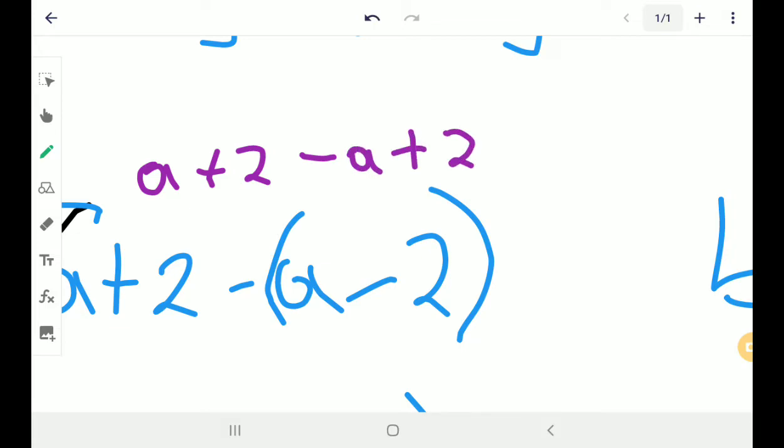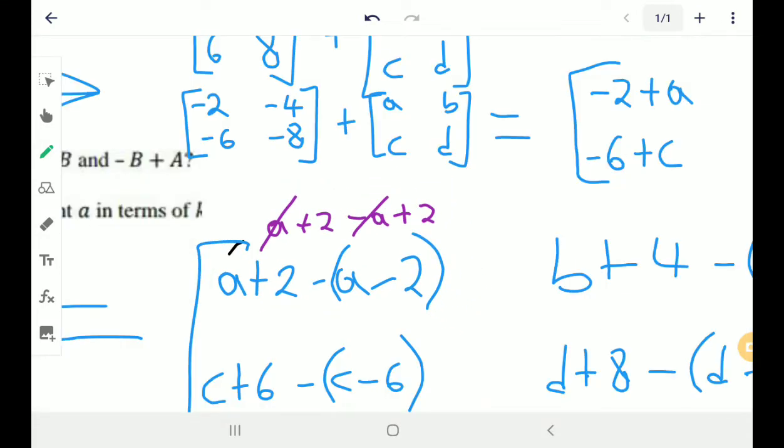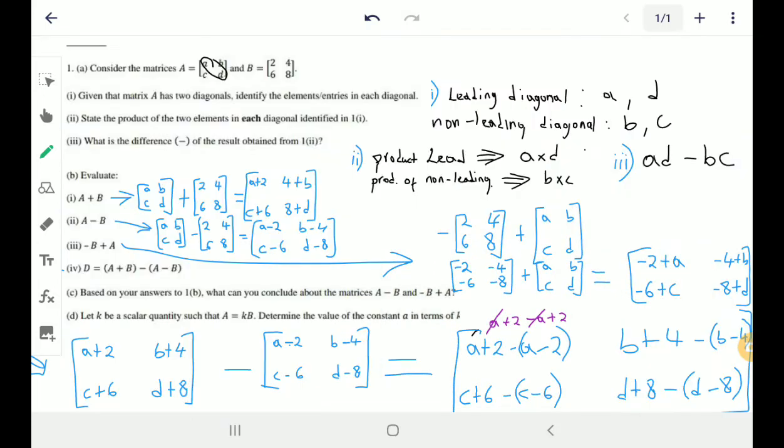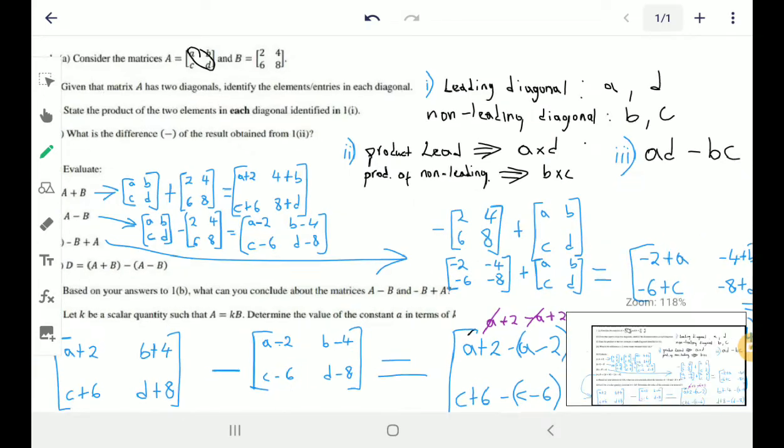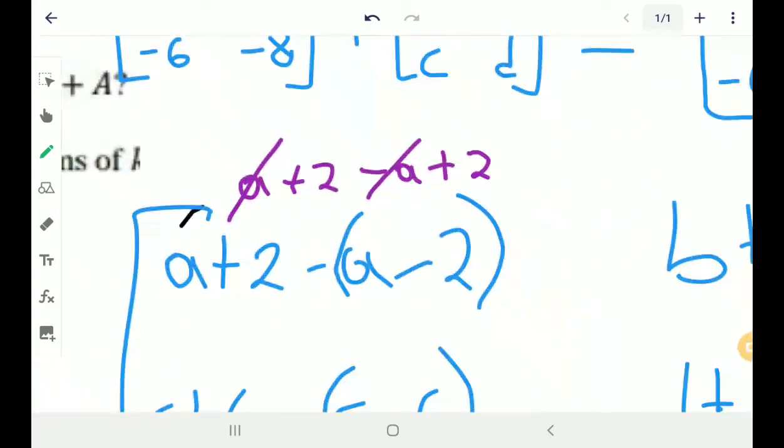How did we end up with a plus 2 again here? Because remember that when you have a negative of a negative, we get a positive. So a negative times a negative will give you a positive 2 here. So when you're ready to subtract now, this A would cancel. We end up with 2 plus 2, which is 4. So that will be our first element there, 4.